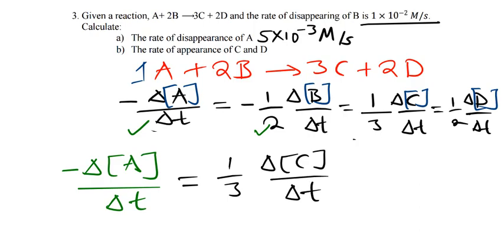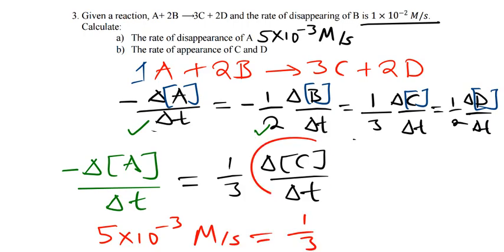So what are we trying to find? We're trying to find the rate of appearance of C. Now this, negative of that, represents the rate of disappearance of A, which is just 5 times 10 to the power negative 3 molar per second, of course, which is equal to 1 over 3.